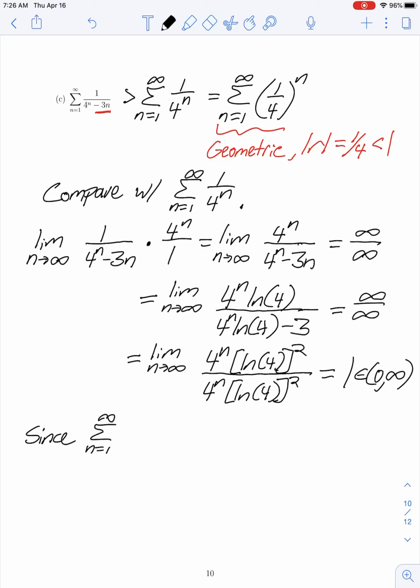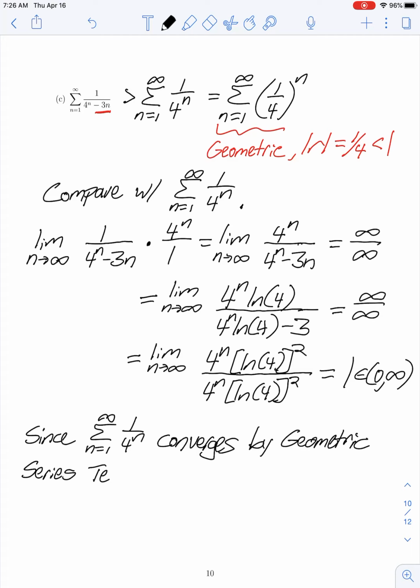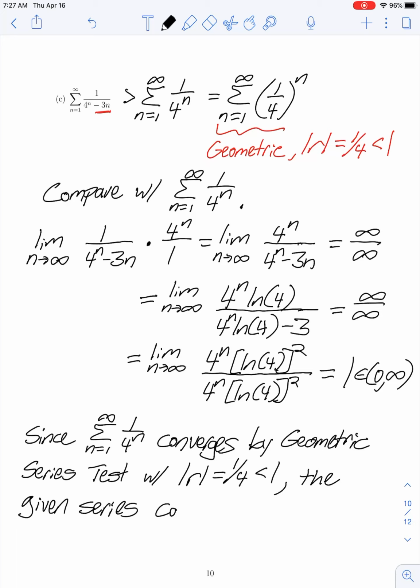Since the series 1 over 4 to the n converges by the geometric series test, where we're looking at the absolute value of r, which would be 1/4, which is less than 1, then the given series also converges by the limit comparison test.